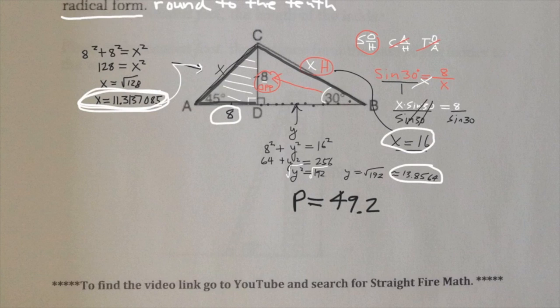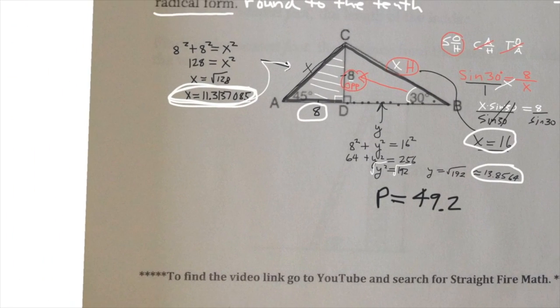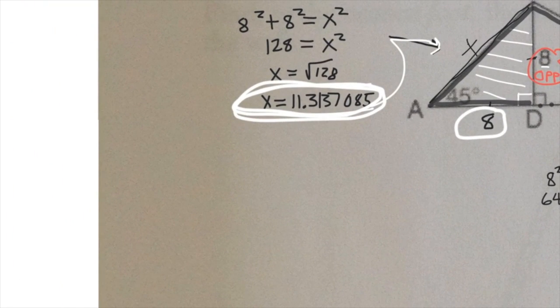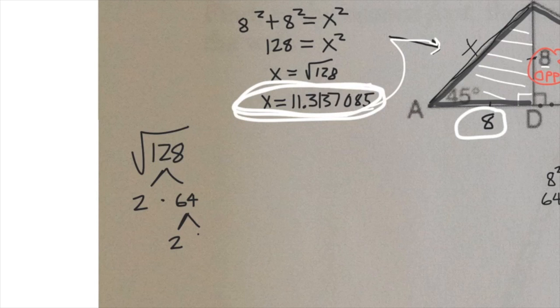Okay, going back to the original directions, it said to write your answer in simplest radical form. So let's talk about simplifying the radicals. So radical 128, I think most teachers would say, oh, you take that, and most students would think you take that and you break it up as a factor tree. So 2 and 64. And then you can take the 64 and write it as 2 times 32.